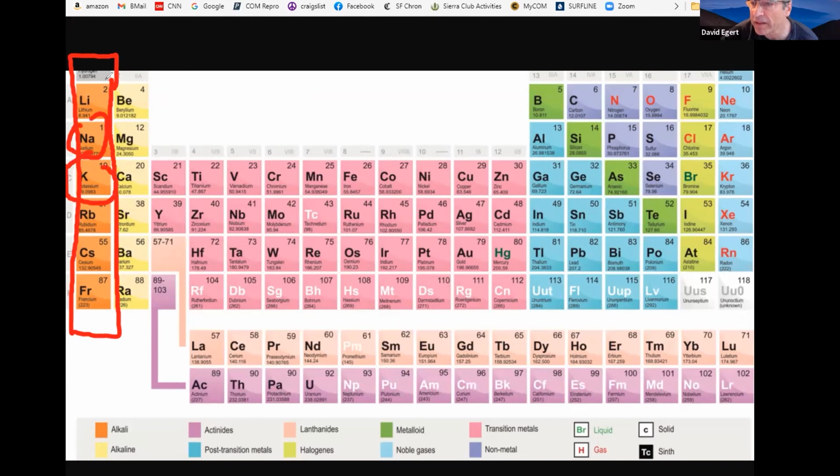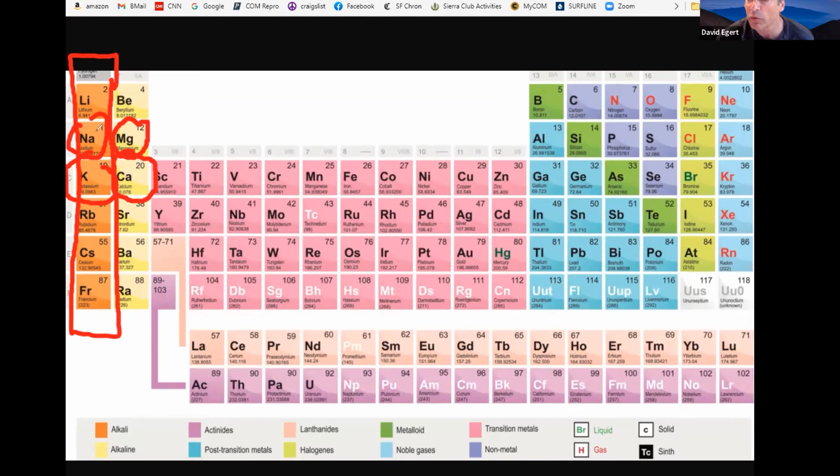Everything in this column of the table has one valence electron and is very likely to ionize into a cation. Same thing in column 2. These have 2 valence electrons, very likely to ionize to become a +2 cation.